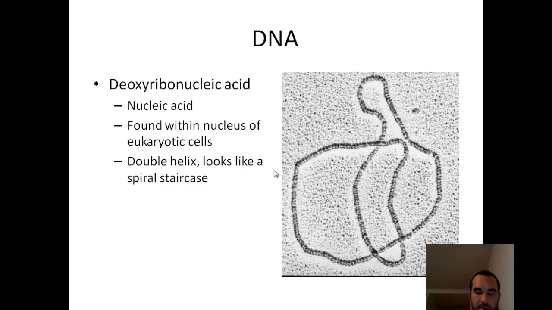So it's got the sugars on the outside and base pairs in the middle that look like the steps of a ladder or of that spiral staircase. This picture over here is an electron microscope picture of DNA. You can see it kind of all swirling around in the cell.